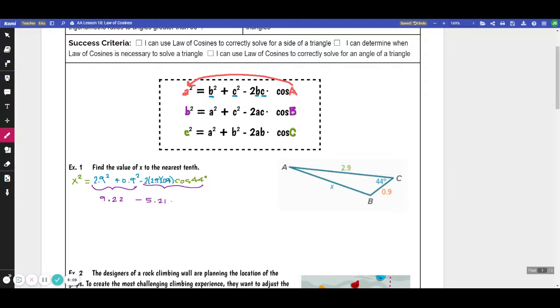So that is 5.219. Then you can subtract. I got 3.755. Then subtract the 2, 5.465.